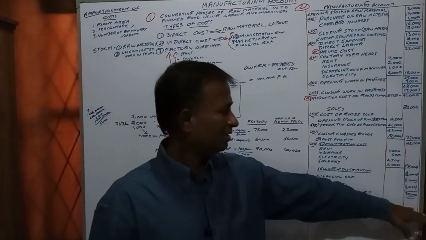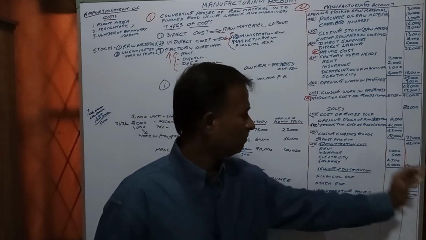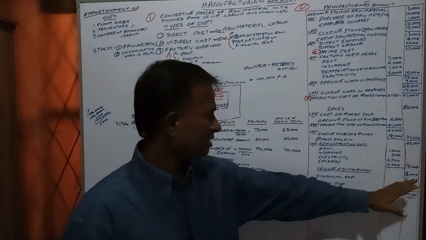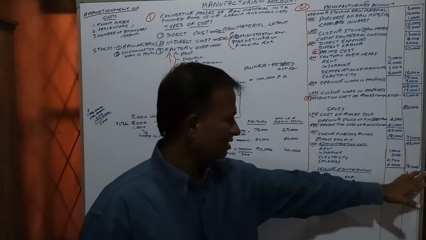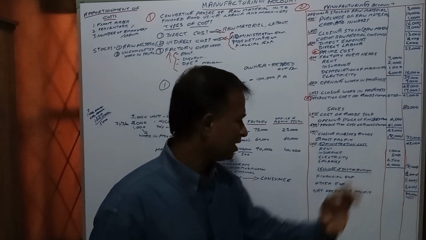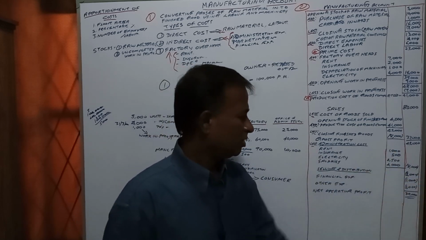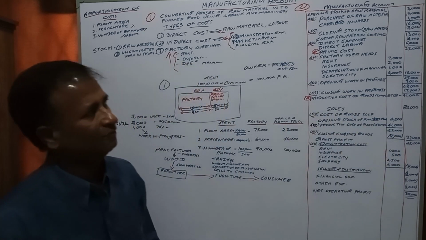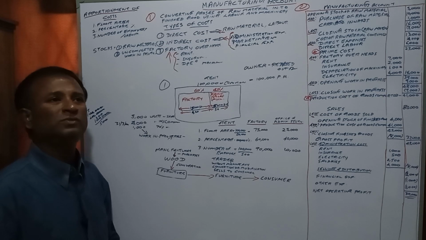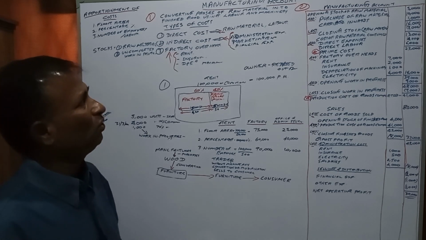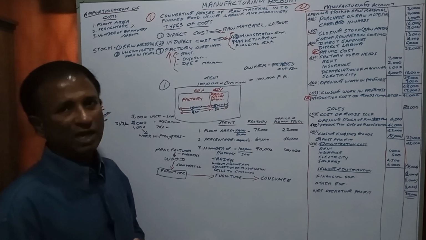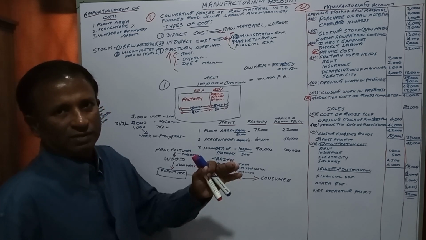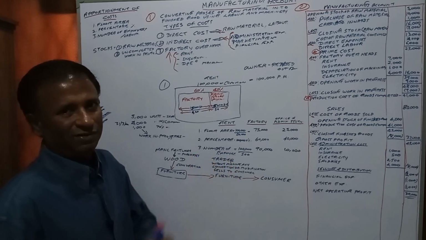This 30,000 is the net operating profit. Okay, understood? That's all. So today we have covered the manufacturing account with the trading and profit and loss account.